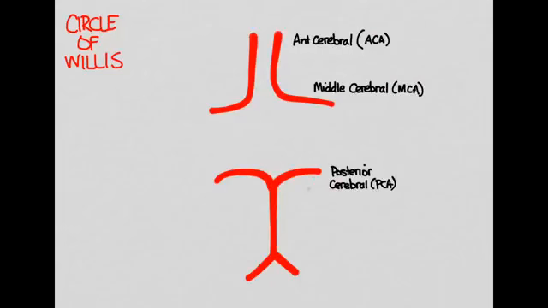So where does this blood supply come from? The anterior circulation comes from the internal carotid artery, which I'm just going to draw as these two little stumps here in order to try to keep the picture somewhat simple. So the anterior circulation gets its blood supply from the internal carotid artery, and the posterior circulation gets it from the paired vertebral arteries here, which then join together to form the basilar artery.